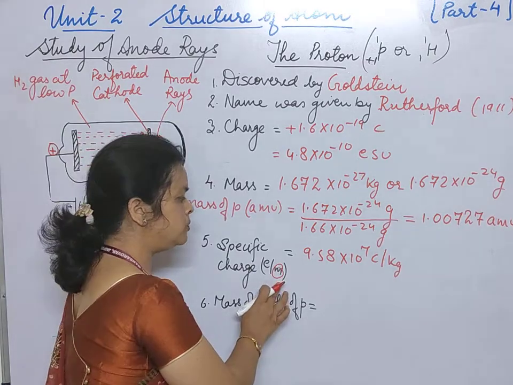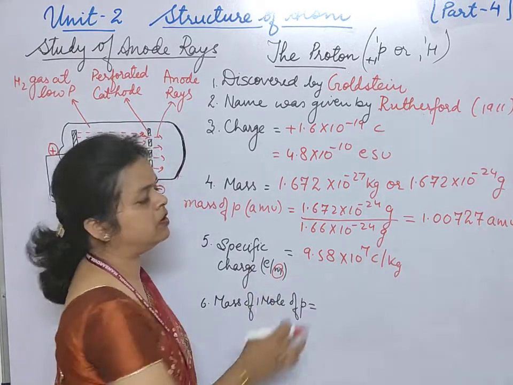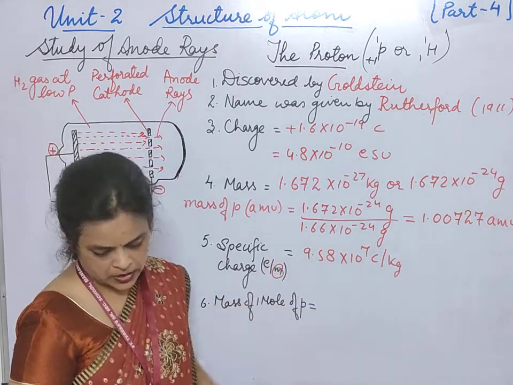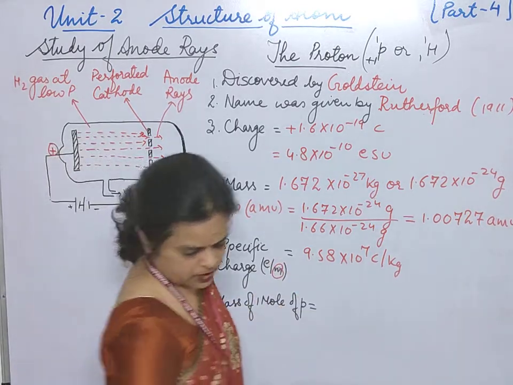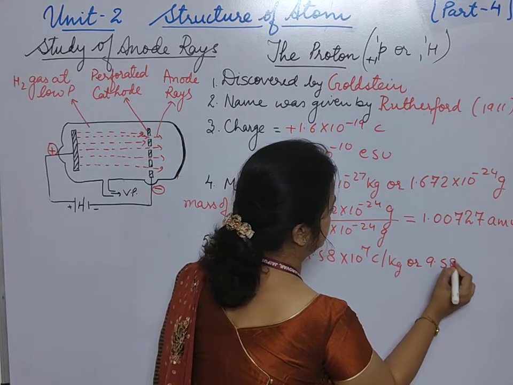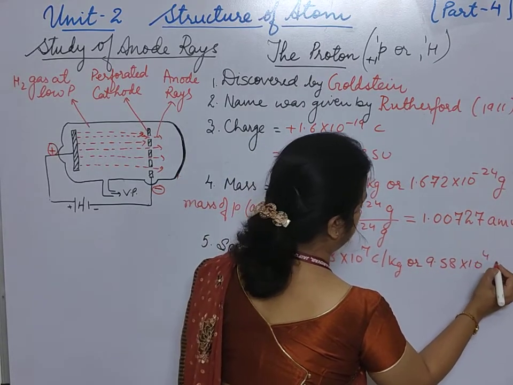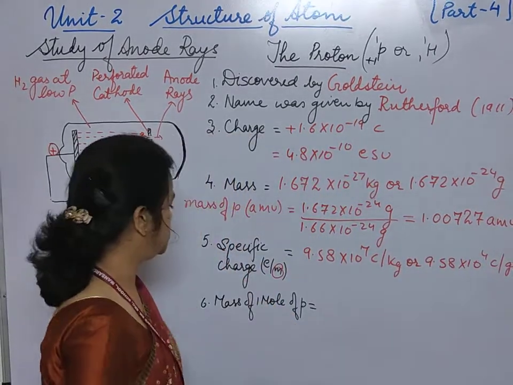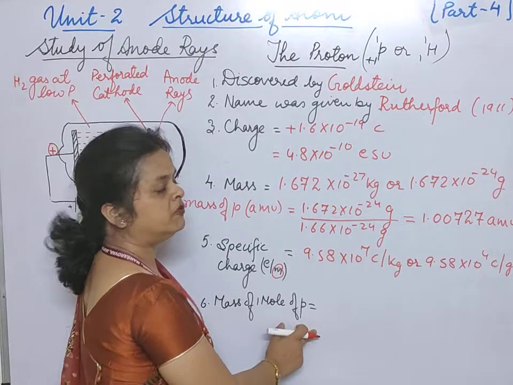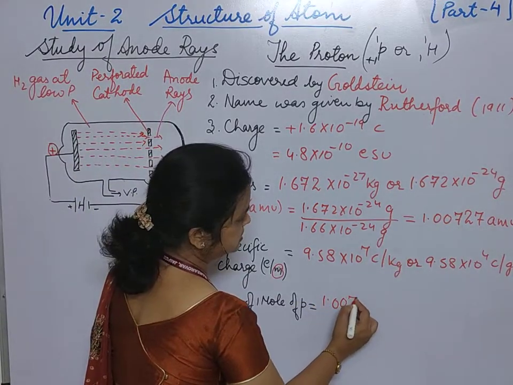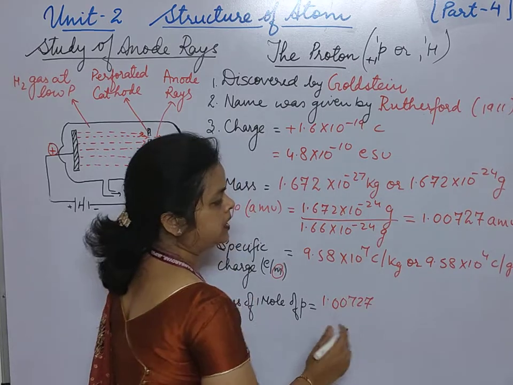So we take the smallest value. So this is the maximum specific charge of anode rays. Now if we convert this into grams, it will be 9.58 into 10 to the power 4 coulomb per gram. In grams also you can mention. Mass of 1 mole of proton: we will take this value 1.00727.